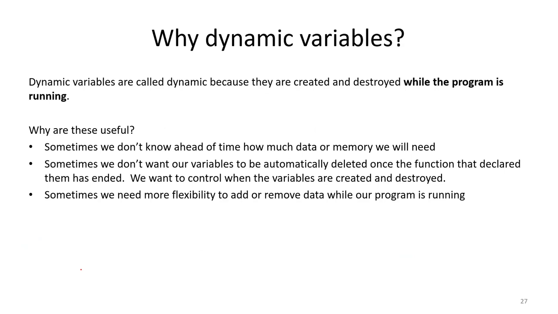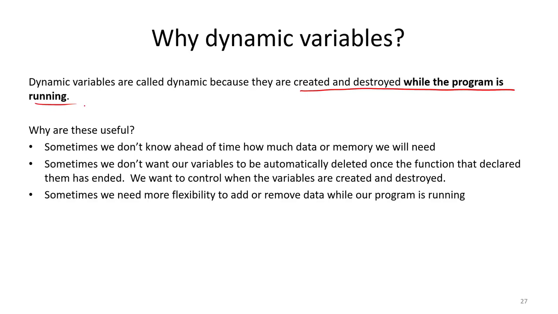So why do we bother with these things called dynamic variables? We call dynamic variables dynamic because they are created and destroyed while the program is running. You might be thinking, well, why would we want to do that? For simple programs like what we've done up to this point, you don't necessarily need dynamic variables.